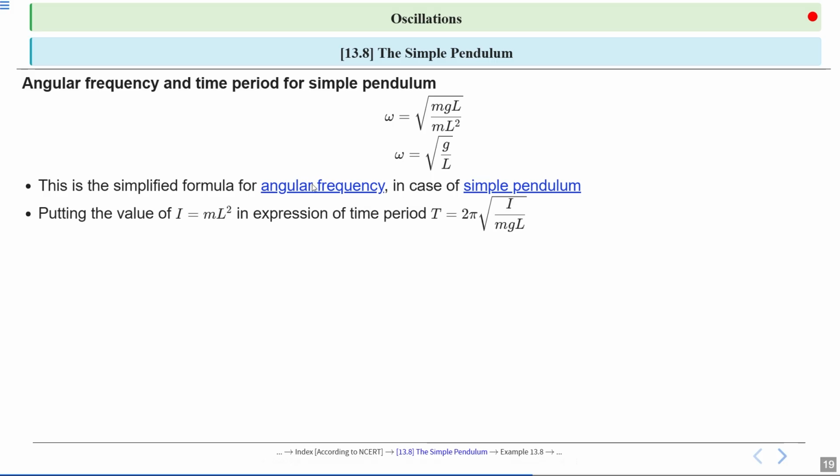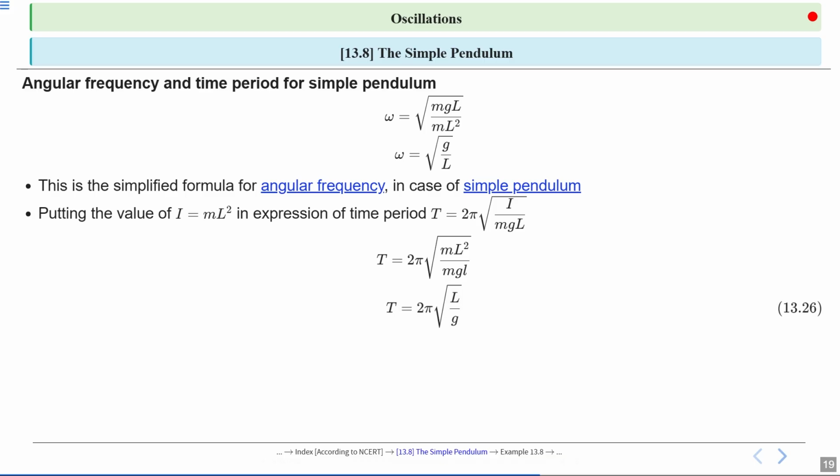So next, let's see how we get the formula for the time period. We substitute the value of the moment of inertia I equal to ml square in the expression of time period T equal to 2 pi under root I divided by mgl. After substituting, we get T equal to 2 pi under root mgl square divided by mgl.